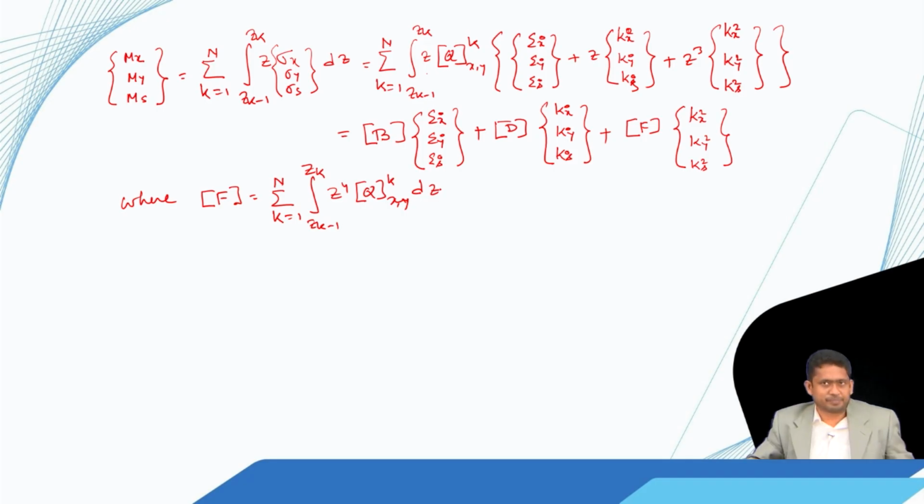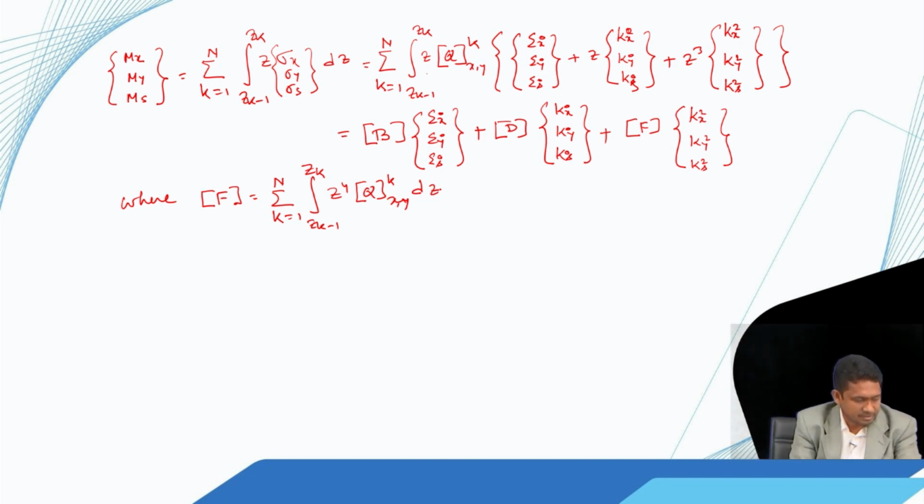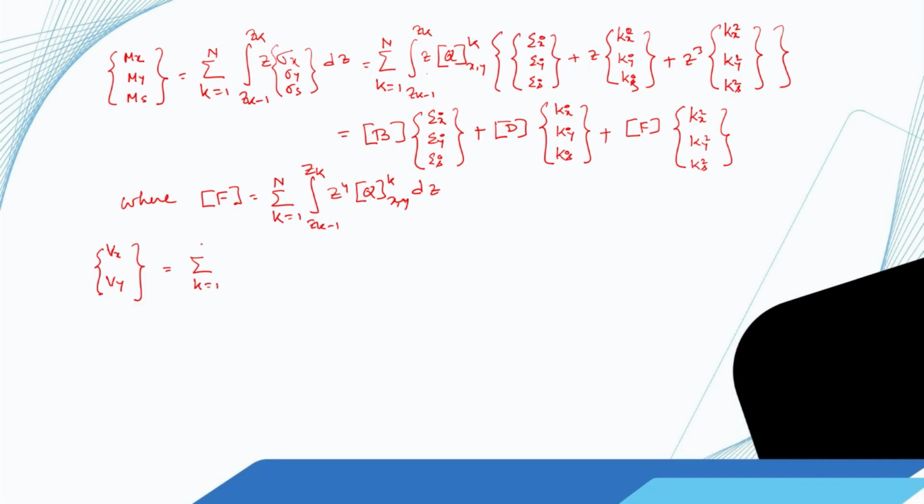Now, we have to define the resultant shears in the transverse direction, and those are Vx and Vy, and for that again we just have to sum up the integrals.